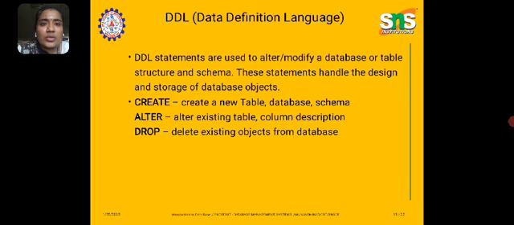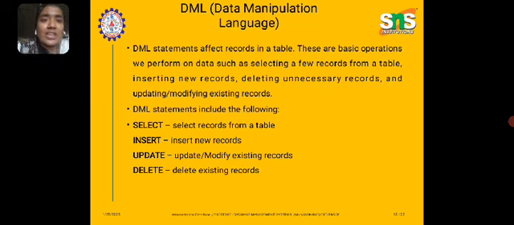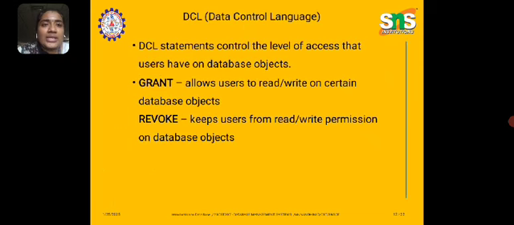DDL is used to create tables and database schemas, alter the existing table column descriptions, and drop or delete existing objects from the database. DML commands are used to select records from a table, insert new rows, update existing rows, and delete existing rows. DCL statements control the level of access that users have on database objects.